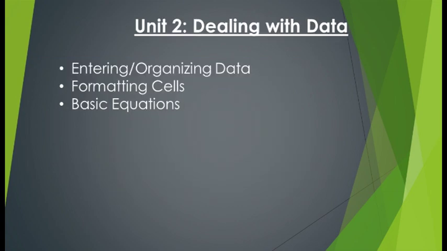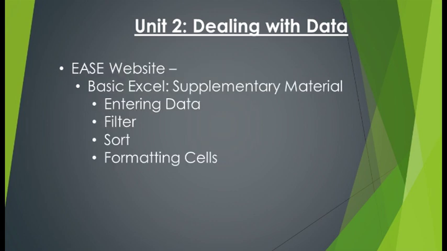How to get information into an Excel file, basic formatting, and how to manipulate the data, including the use of equations or functions. Supplementary material on the EASE website gives you a walkthrough on how to enter data and format cells, as well as filtering and sorting, with a step-by-step presentation and script on how to perform each of these features.